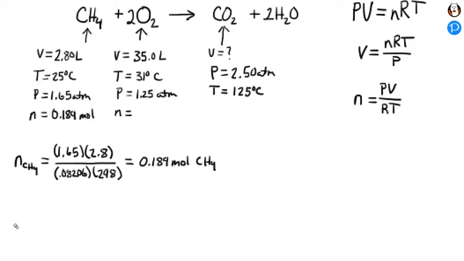Let's do the same thing for oxygen. So number of moles of O2. Same setup, just different numbers that I'm working with. The pressure for my oxygen is 1.25 atmospheres times the volume, 35 liters, over our constant, 0.08206, times our temperature, 31 degrees plus 273, which would give us 304.